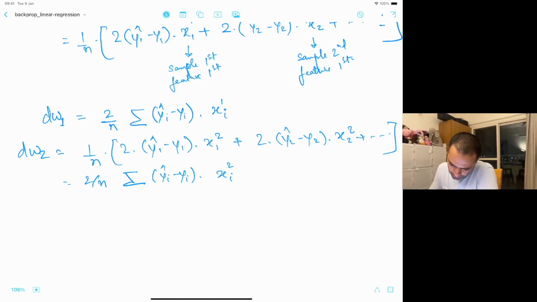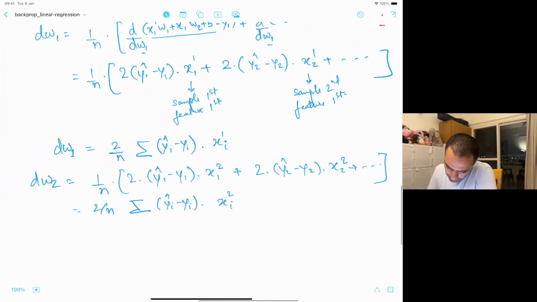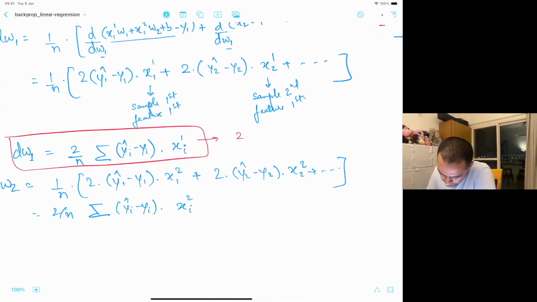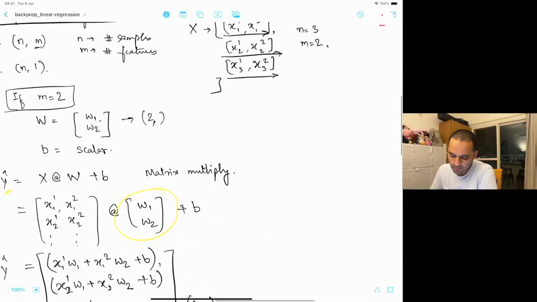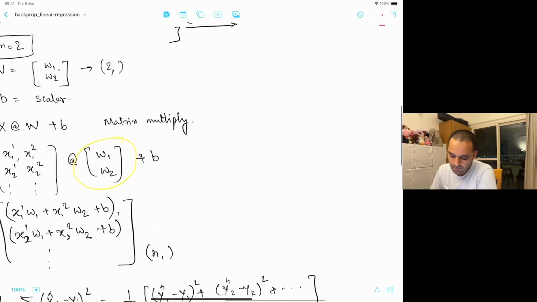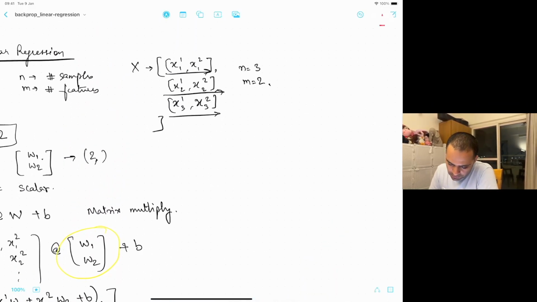So if you see dw, now let's change the color of my marker. dw1 is nothing but this, right? If we go ahead and simplify, this would be 2 over n, all the errors for each sample multiplied by the first feature of that sample, and we see the first feature was this thing, right?